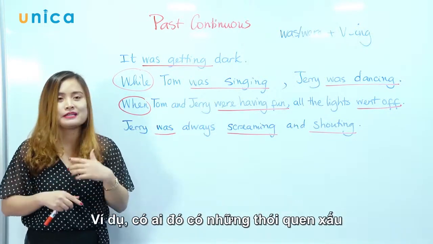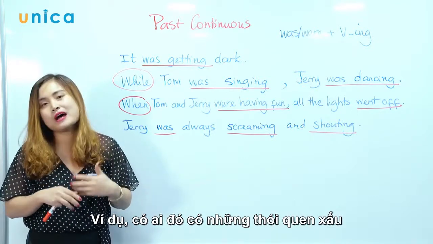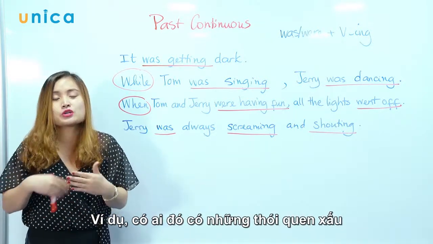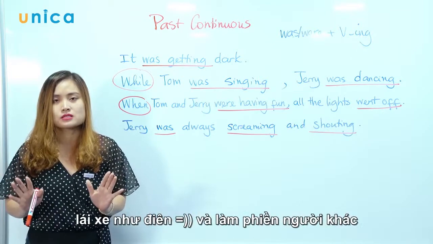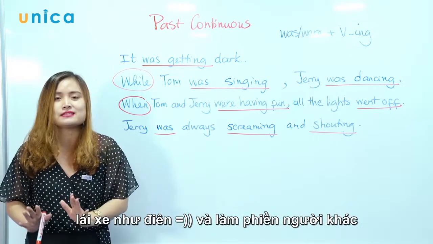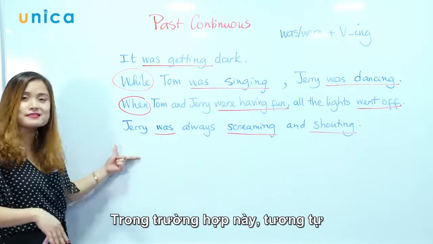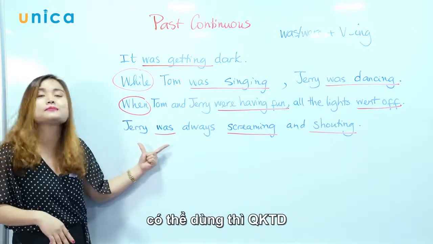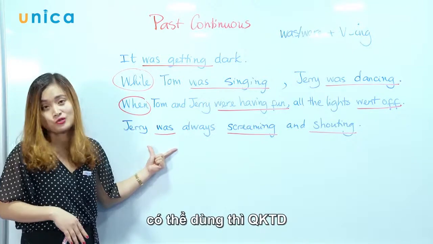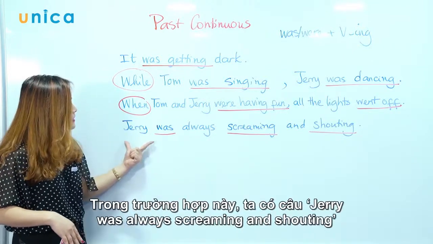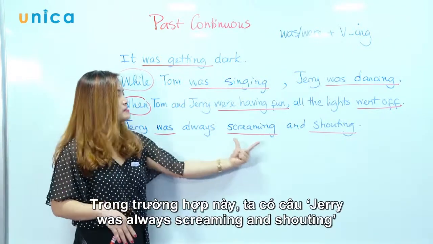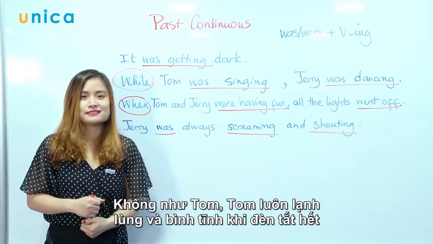For example, anyone who has a very bad habit and is always doing something to drive someone crazy, to irritate or annoy someone. So in this case, the same is applied to the past continuous. So we have Jerry was always screaming and shouting.